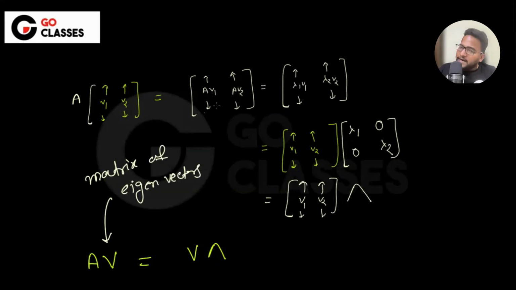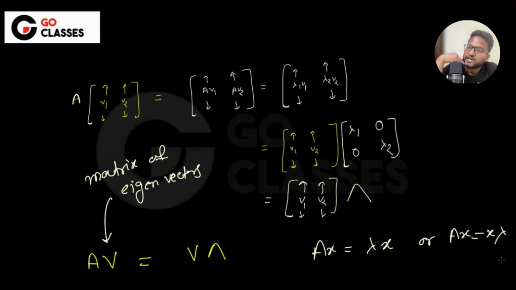If you multiply any matrix with the matrix of its eigenvectors, it doesn't matter what kind of matrix it is. Earlier we used to write Ax equal to lambda x in individual terms. Can I write it as Ax equal to x lambda? Will it be wrong, or okay? It is okay, it doesn't really matter. Earlier we had just one vector, Ax equal to x lambda.